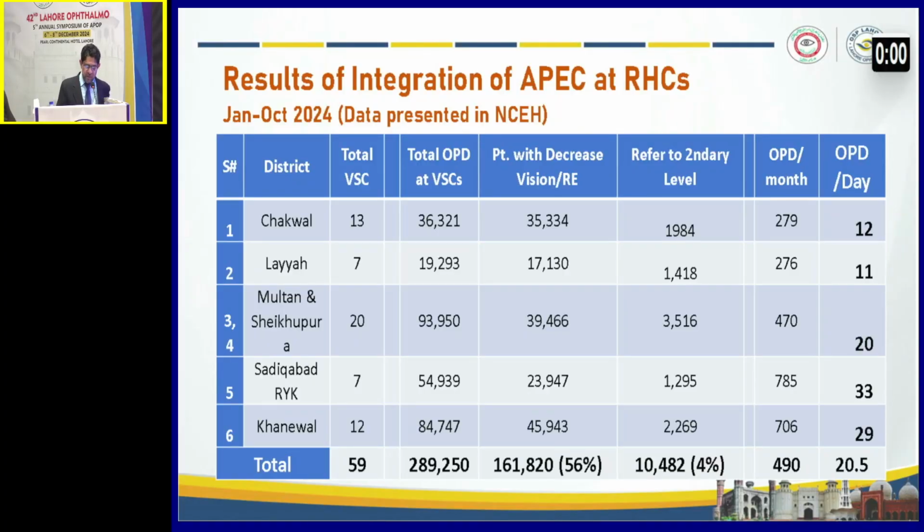And in Punjab, we have 6 districts where we have this public private partnership, and we have established advanced primary eye care centers, and you can clearly see that overall 56% of the cases only needed refraction, and out of the total cases 4% were referred and needed some advice from the ophthalmologist, and overall there were 20 patients per day. And it is very, very good that where in the RHC there was not a single torch, and no eye patient coming, this is the data of this year, the 10th month of 2014, and we are having 20 patients per day.